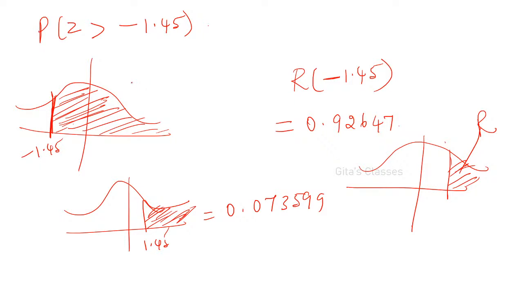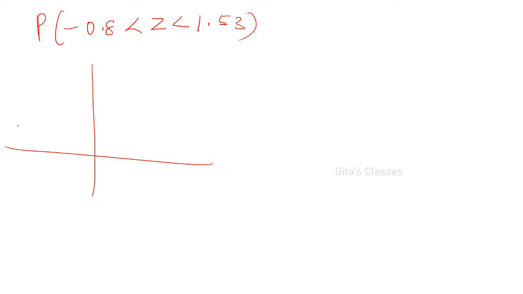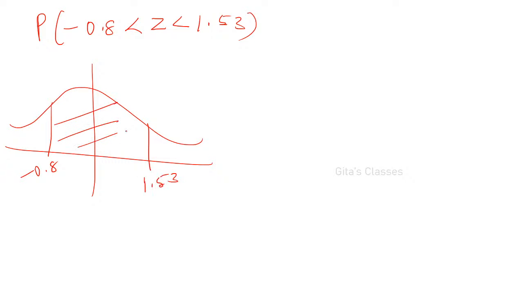Okay. Then what is the next question? Understood this one? Next question: minus 0.8 less than Z less than 1.53. Minus 0.8 is here on the left-hand side, and here on the right-hand side it is 1.53. This area I need.